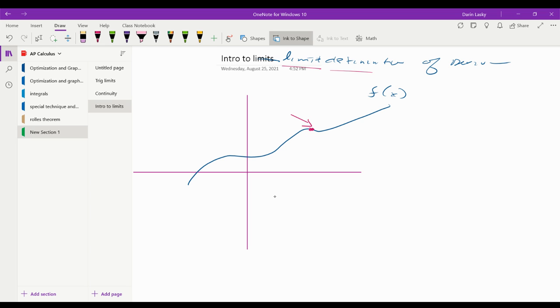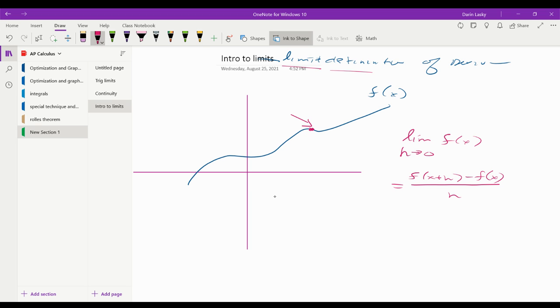Now, we're not going to do too much with it today other than show you the limit definition. So the limit definition: the limit as h approaches 0 of f of x plus h minus f of x, over h.